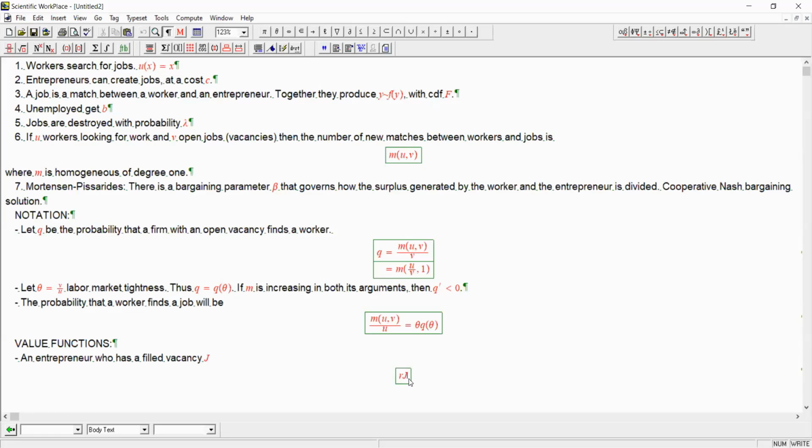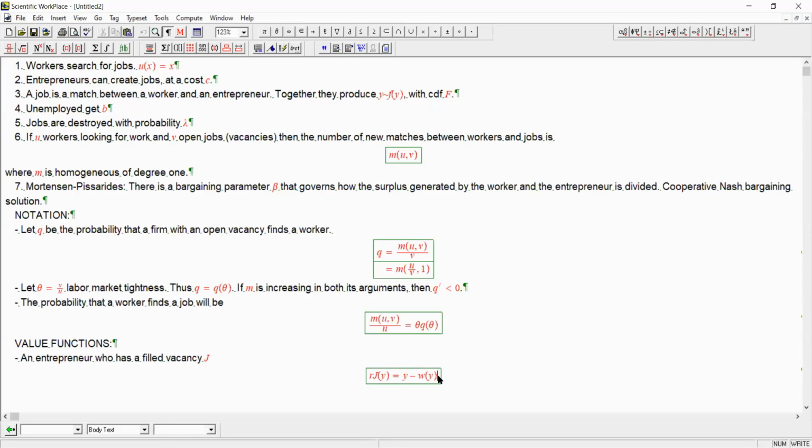Now, rJ, of course, depends on y, the draw that they got from the distribution F whenever the worker and the entrepreneur got together. That should equal y minus whatever wage they have agreed on, which again results from them sharing the surplus according to some rule we'll get to later. Now w, of course, also depends on y.